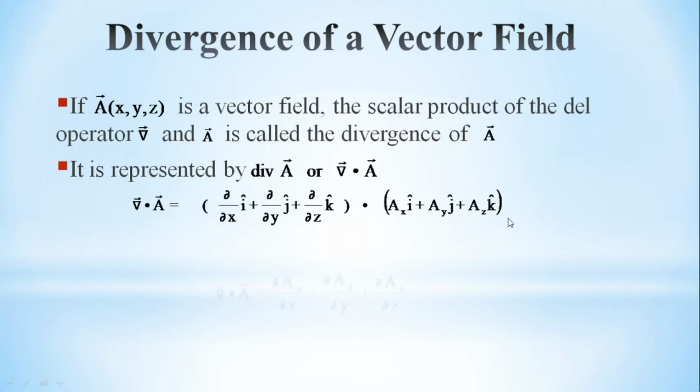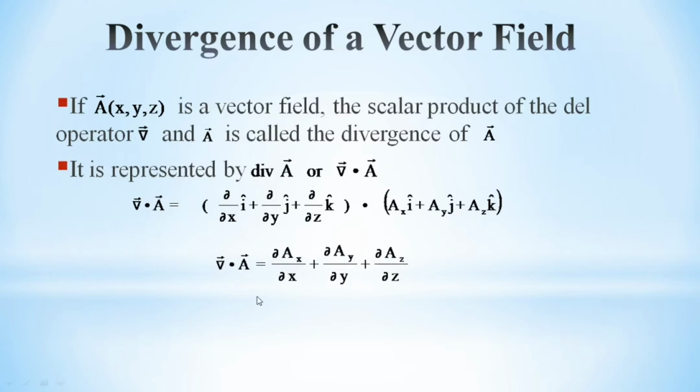If you simplify this, we will get del dot A is equal to dou Ax by dou x plus dou Ay by dou y plus dou Az by dou z, because when we differentiate vector A partially with respect to x, the Ay and Az components give 0 as differentials. We will get only the Ax term.